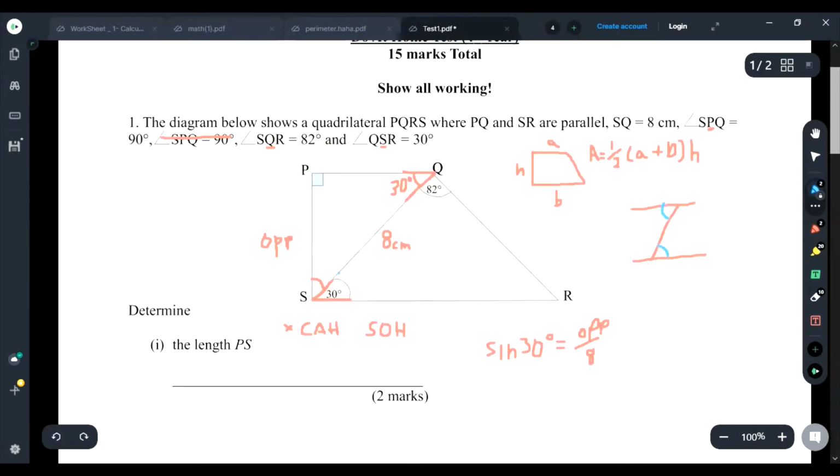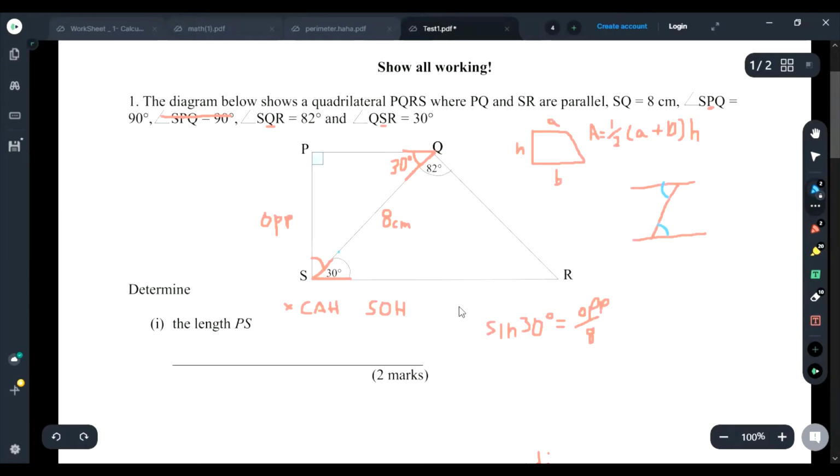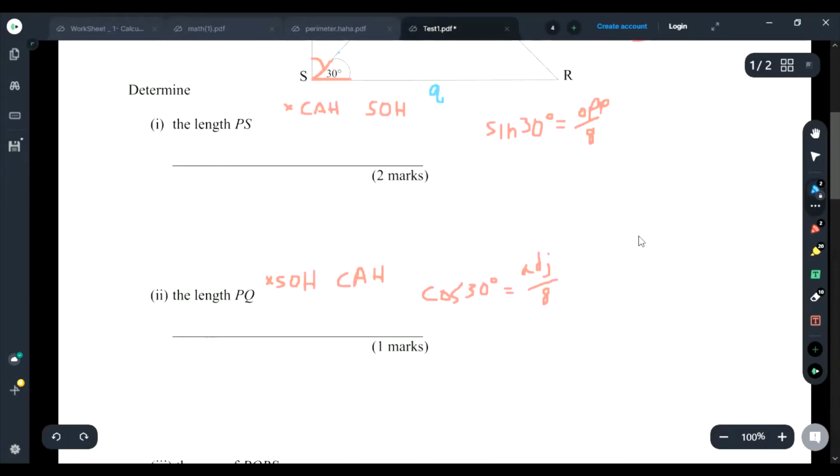Because if the capital Q is here, then the little q is here, right? The sides are represented by the lowercase of the angle that's opposite of them. So make sure I get that right.